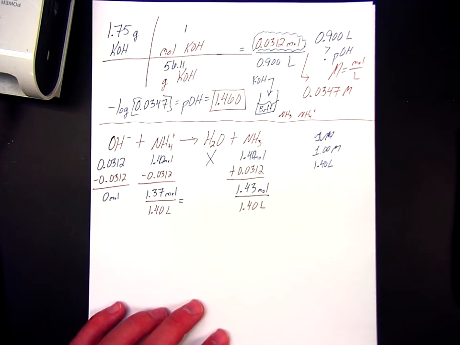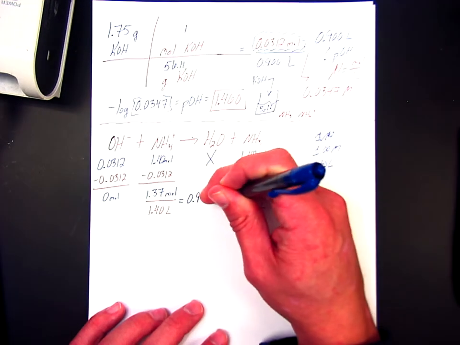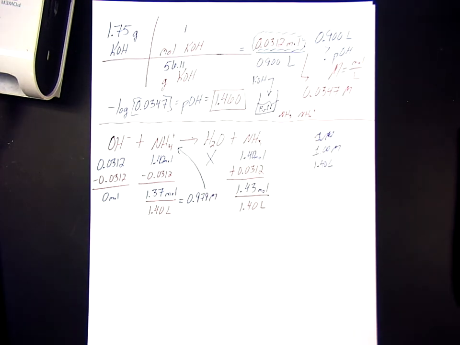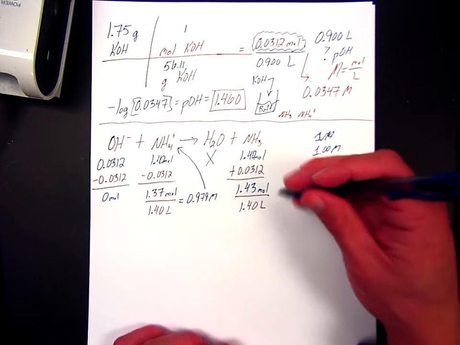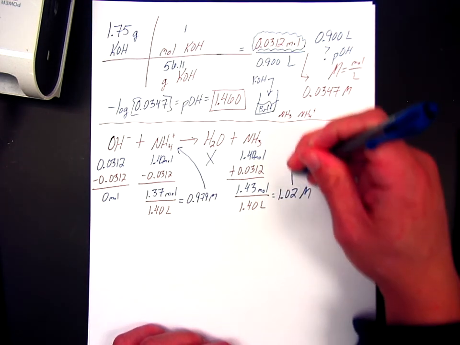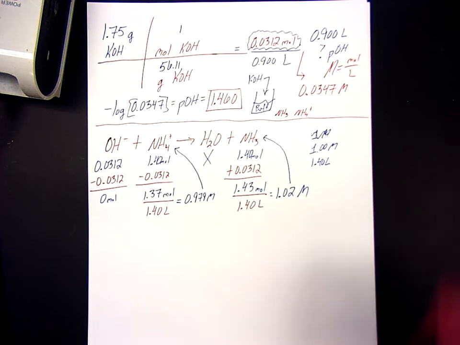I'm going to get an NH4 molarity of 0.979. Right, and that's for him. I'm going to get an ammonia molarity of 1.02. That's describing him. And now we can Henderson-Hasselbalch this guy to death.